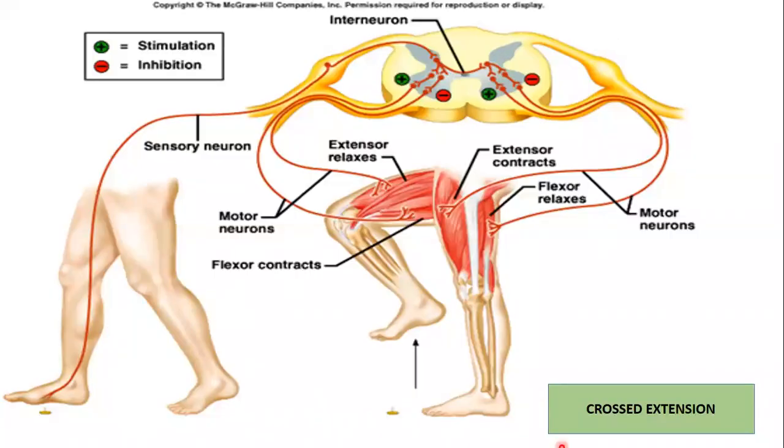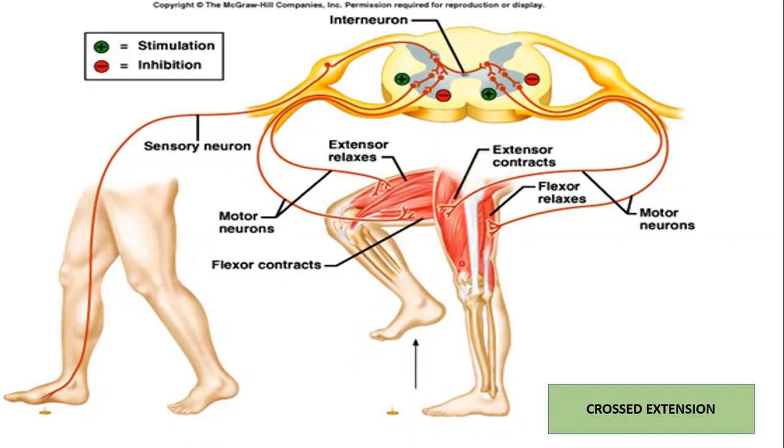We talk about what the crossed extensor reflex is. It is basically concerned with our withdrawal reflex, in which the flexors of the withdrawing limbs are excited, or we say the flexor part is in contraction. We see that here the flexors usually contract, and the extensors are inhibited.